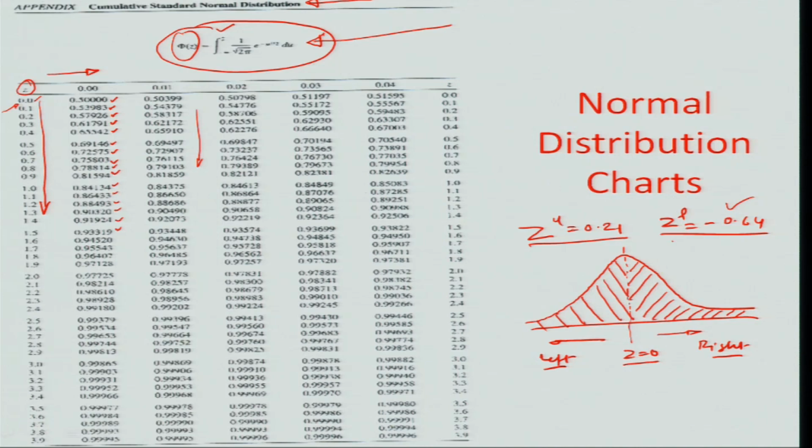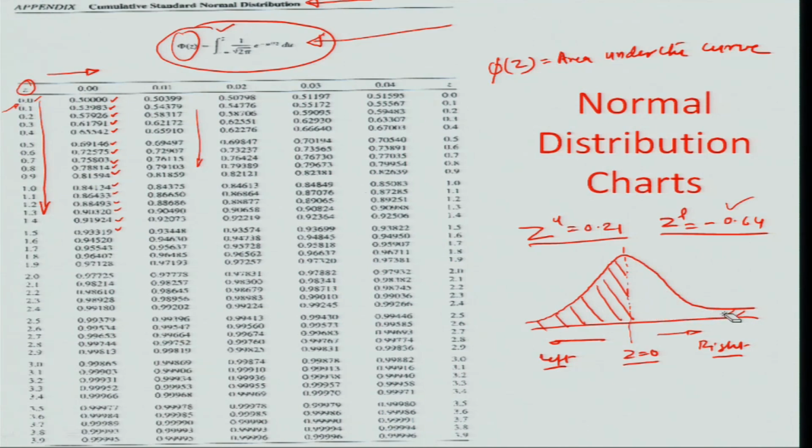One of the important things again is that phi z is the area under the curve. There are a few important points on how this area is mapped in this situation.